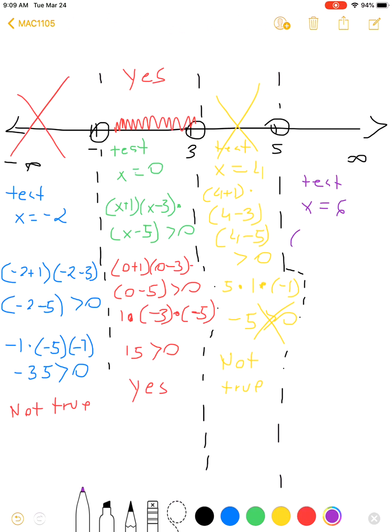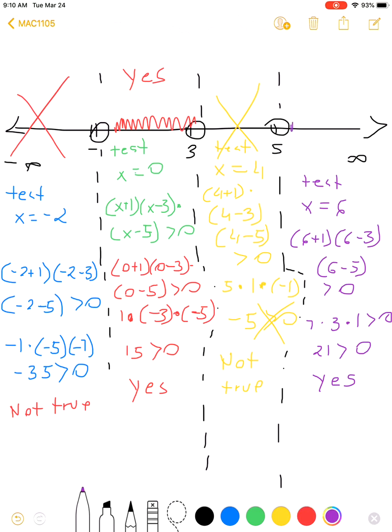So we have 6 plus 1 times 6 minus 3 times 6 minus 5, and that should be positive. Check if that's greater than 0. Okay, so we have 7 times 3 times 1, definitely it's positive. We have 21, which is greater than 0. Yes, that's true. So the interval from 5 to positive infinity is the solution.